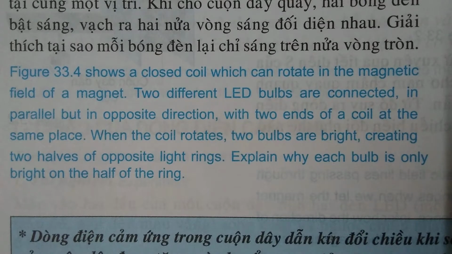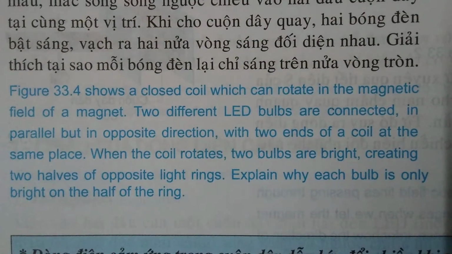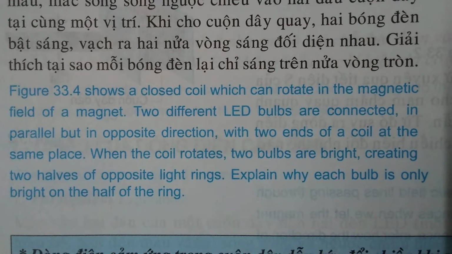When the coil rotates, two bulbs are bright, creating two halves of opposite light rings. Explain why each bulb is only bright on half of the ring.